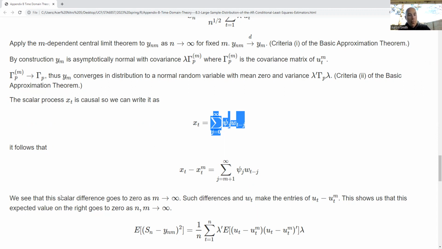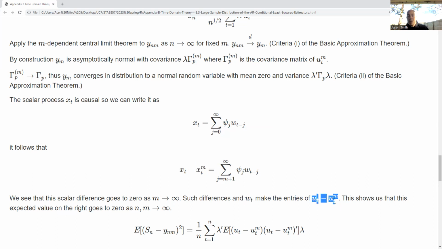All right, so now we know that, to get that convergence aspect, this has to be really, really small. And if I let m get bigger and bigger and bigger, what's going to happen is that this has to get smaller and smaller and smaller. And so that means that this has to go to 0 as m goes to infinity. And so now, if I think about u sub t minus u sub t exponent m, this is going to be the components of this difference.